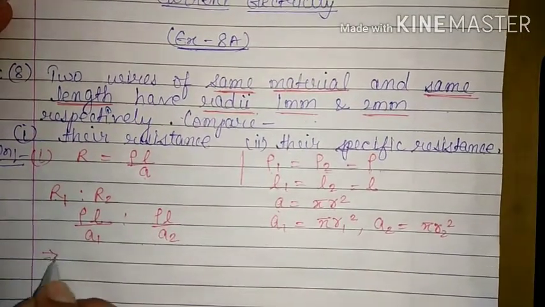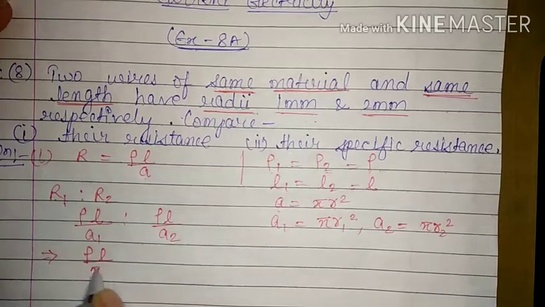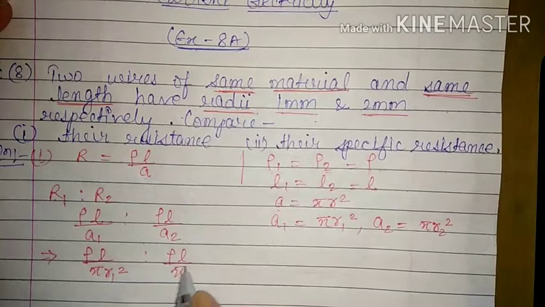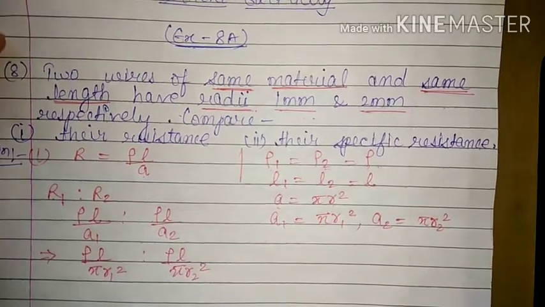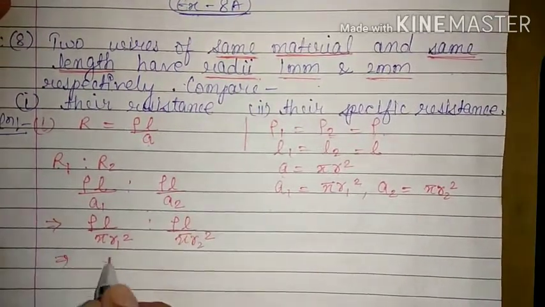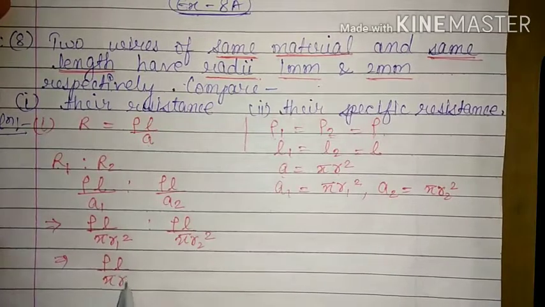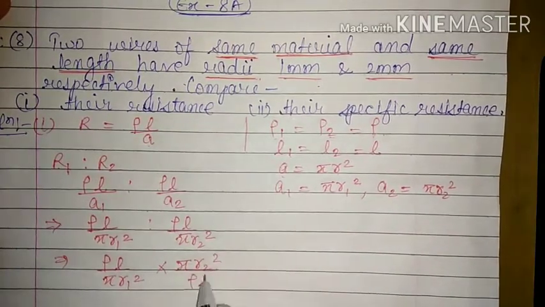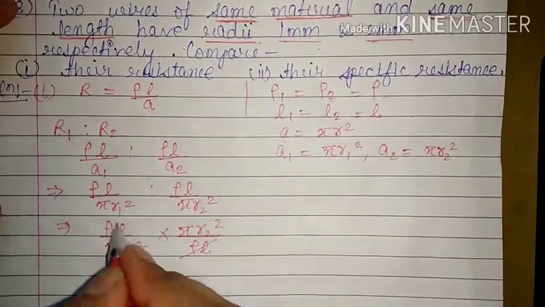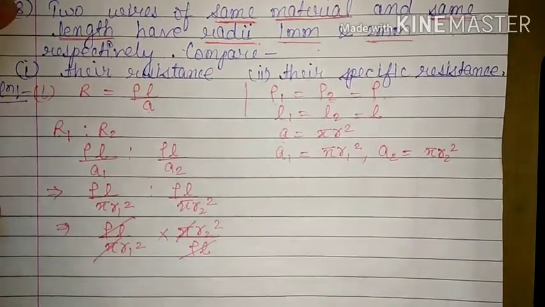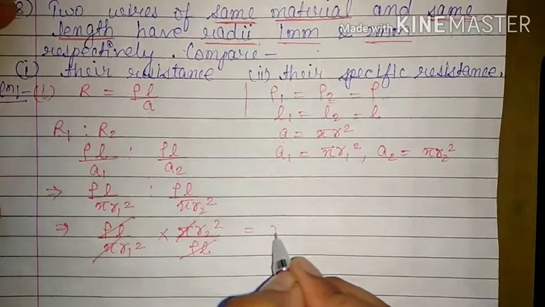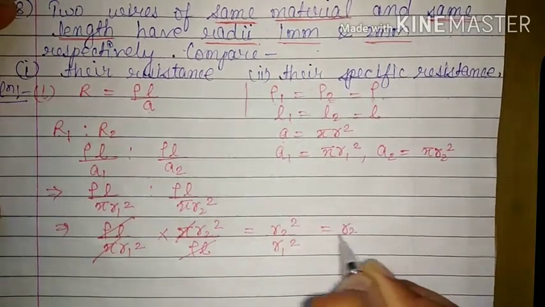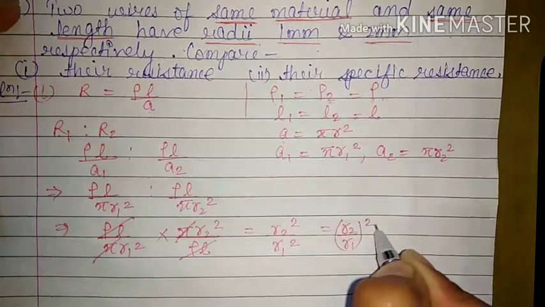So this implies rho L upon pi r1 square ratio rho L upon pi r2 square. When we solve this, it is rho L upon pi r1 square into pi r2 square upon rho L. So rho L will cancel out, pi will also cancel out. Now we have r2 square upon r1 square, or we can say r2 upon r1 whole square.